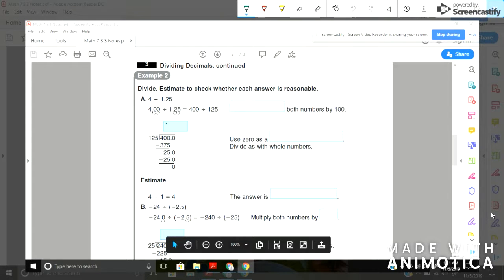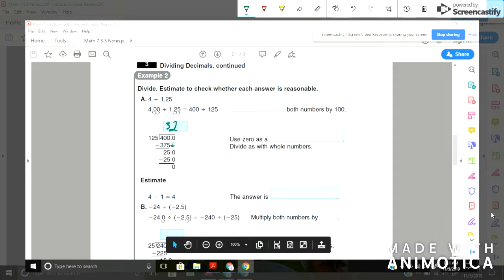And 3 times 125 would be 375. 3 times 1 is 3. 3 times 25 is 75. The difference between these two numbers is 25, and bring down another 0. And then how many times does 125 go into 250? Well, that would just be twice. And don't forget to bring your decimal straight up. Okay, so I would have 3.2 as my answer.